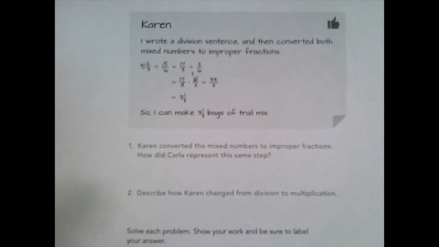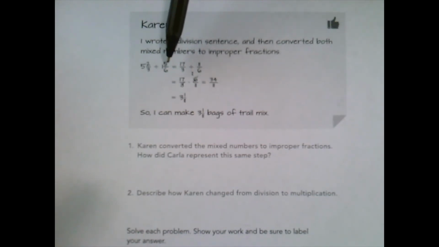So to do that, we take this 5 2/3, we take the denominator of the 3, we multiply it by 5, and then we add the numerator. So we have 3 times 5 is 15, plus 2 gives us 17. We keep the original denominator, so we have 17 over 3.